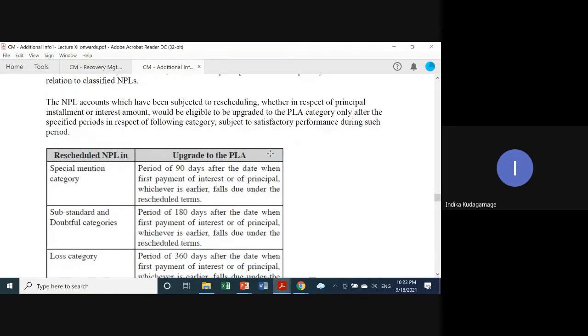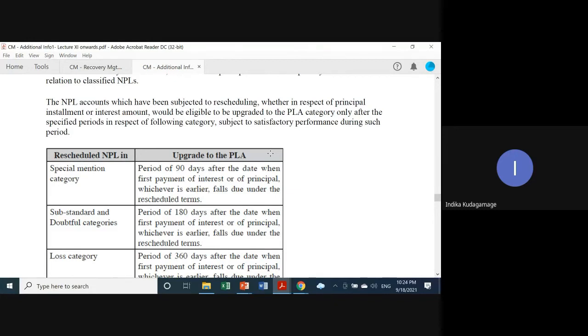Specially mentioned category, you have to keep the customer in NPL for 90 days, that is 3 installments. The customer needs to pay 3 installments consecutively for him or her to be taken out from NPL and classified as a performing facility, right? If it is substandard, you have to wait for 6 months.